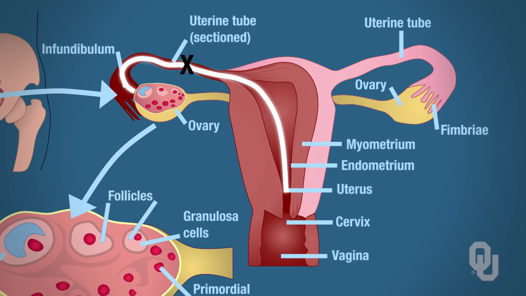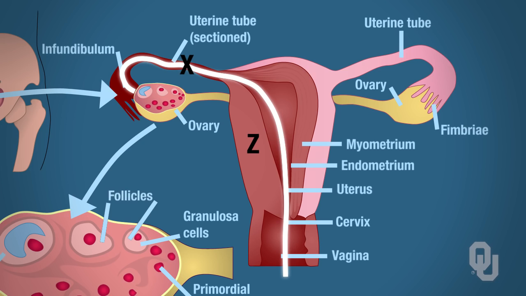If it is a fertilized egg, a zygote, that's going to be implanted into the wall of the uterus. So I'll just put a Z in the wall of the uterus. If the mature ovum is not fertilized, it's going to continue to pass through the uterus, through the vagina, and out of the body.